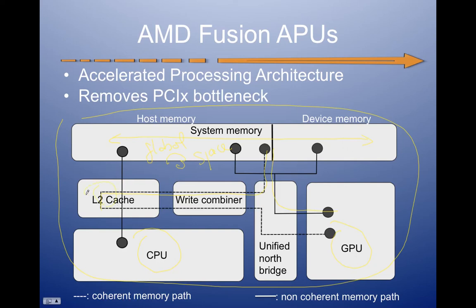So this path is slower, you have less bandwidth through this path. So you have the choice of choosing slower accesses to memory but keeping things consistent, or you can have faster access, but in that case, the CPU is not aware of the modification, and vice versa.